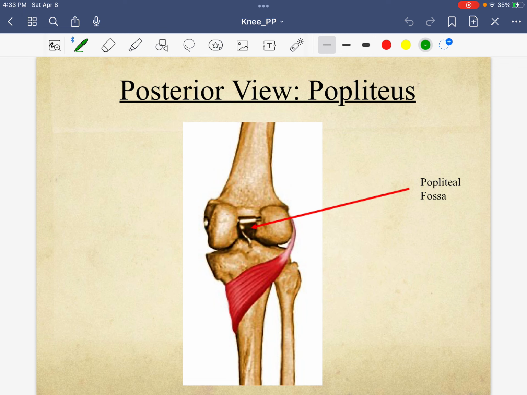And the actual last thing we talked about was that the popliteus muscle, some say popliteal, I say popliteal, is the muscle that internally rotates the tibia to quote unquote unlock the screw home mechanism from full extension. All right, so we're going to continue on.